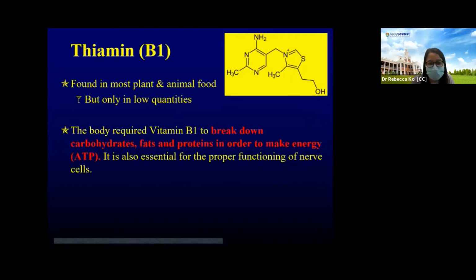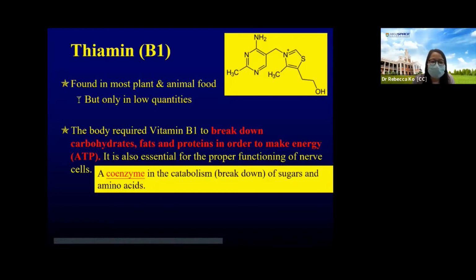We can't absorb them, so we have to break them down before absorption. And who can help? Yeah, vitamin B can help. And other than that, it's also essential for the proper functioning of the nerve cells. You know how important the nerve cells are inside our body.